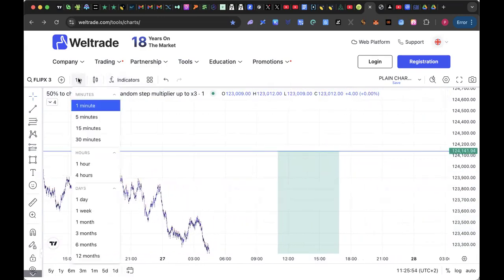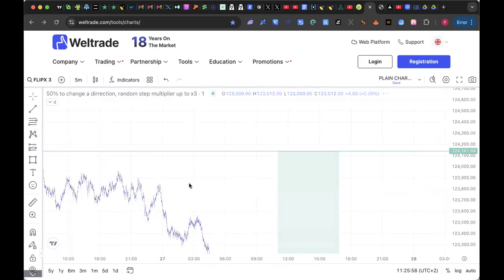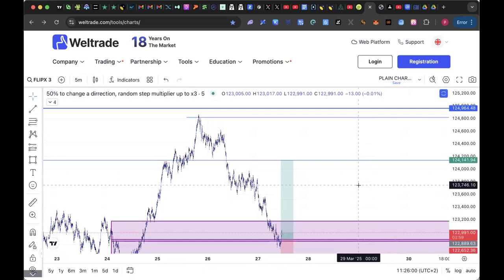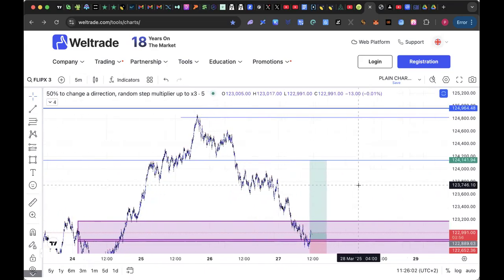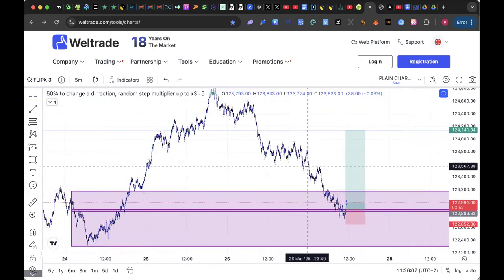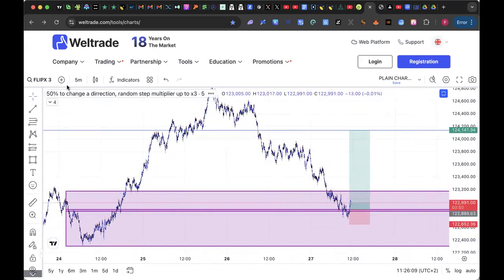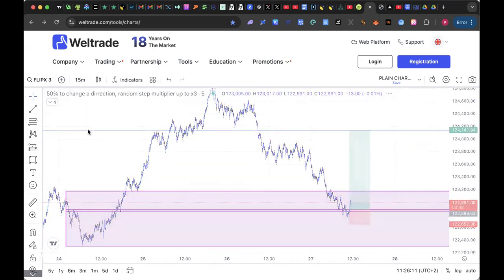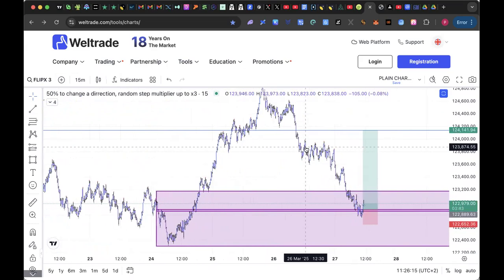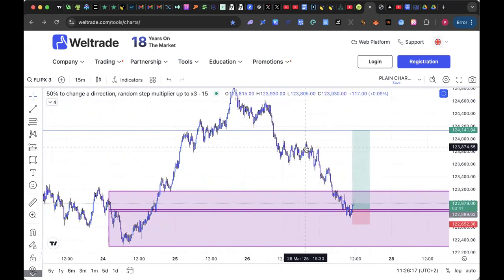So going back to the 5 minute, before going back to his 15 minutes. Can you see now? So it's 5 minutes. He has found an entry with a lower time frame because of this point. Now I'm going to the 15-minute time frame, which is his major trading time. Are you getting it now?